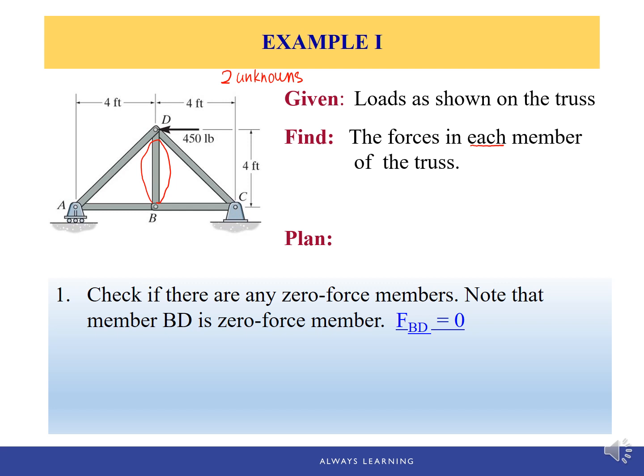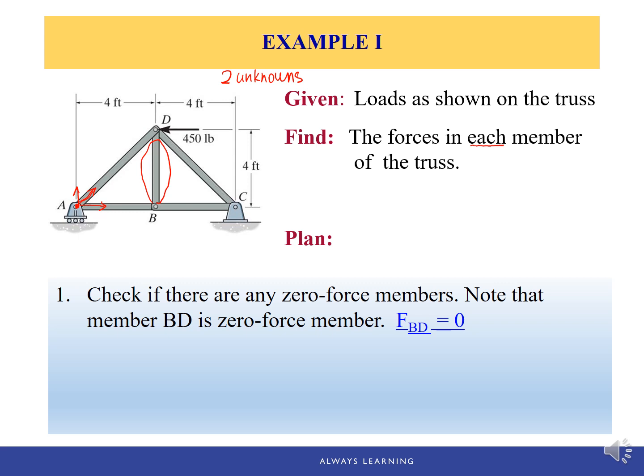Well, if you take a look at pin A, for example, AD has force applied at pin A. We have AB applied on pin A. We also have the support reaction from the ground. So it has three forces. Plus, we do not know the support reaction, so there's no way we can solve it from A.